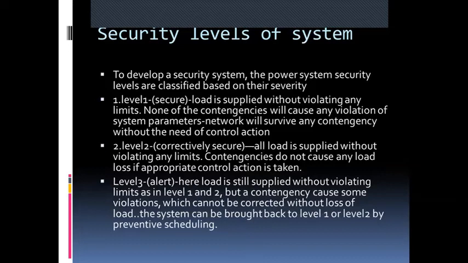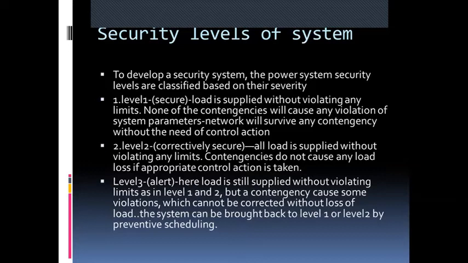Automatic generation control, which involves both primary speed control and supplementary control, should come into action, and only then can we supply the load without violating the limits. So level 2 is correctively secure. Correct control action has been taken, so the system is secure.